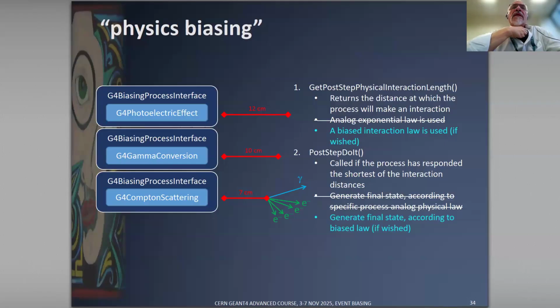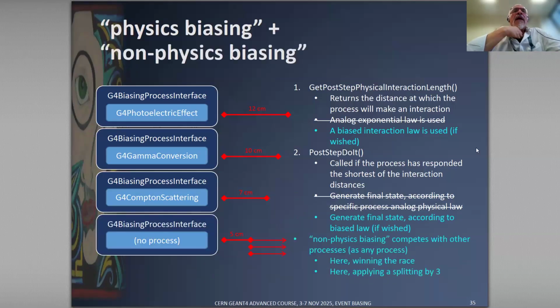And in the second stage, at the end of the step when the post-step do-it is called, the biasing process interface may also change the process behavior, depending on the biasing operation it may receive, to modify the final state generation. Next slide. And if you put in addition a biasing process interface with no process, then you give the ability to the biasing scheme to also perform splitting and killing in competition with the other processes. So next slide.